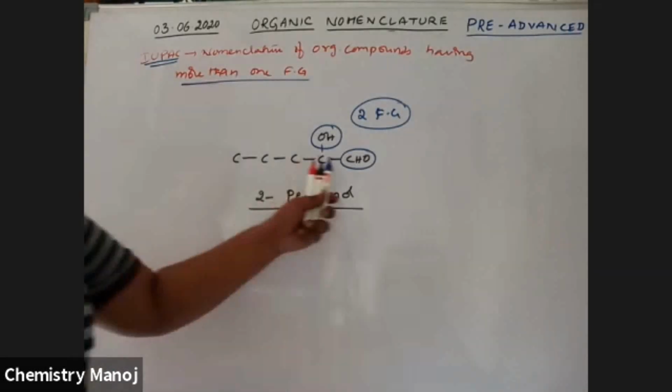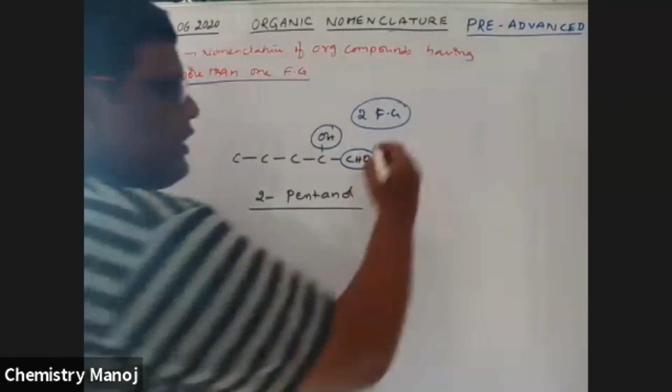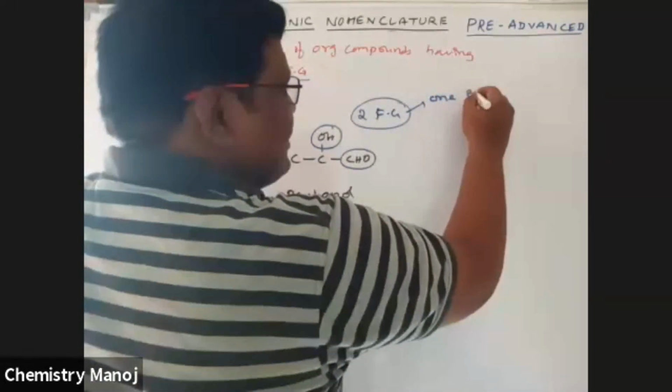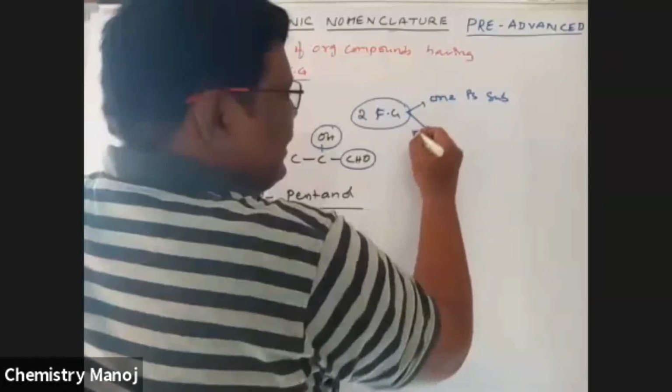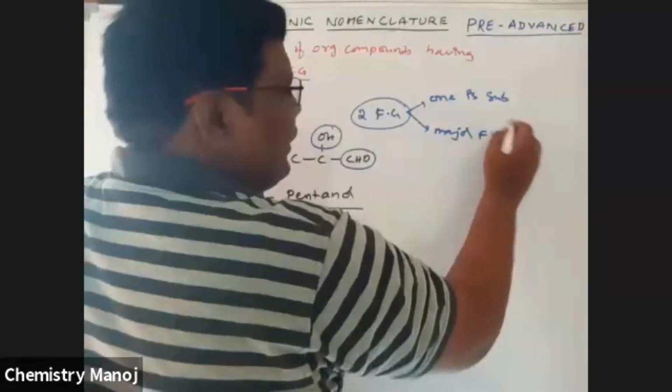Whenever more than one functional group exists, of these two functional groups one is a substituent and the other one is the major functional group.